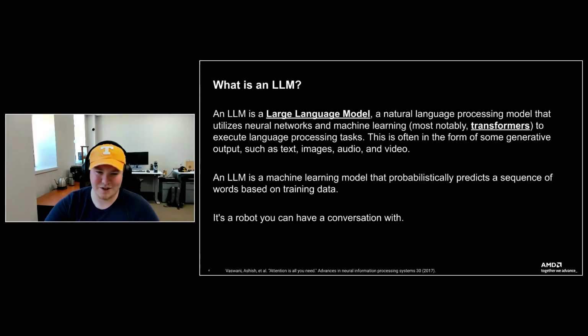It's the latest iteration that's using neural networks, machine learning, and, as we'll get into, a type of model called the transformer model to do language processing tasks. This is usually in the form of some type of generative output. So text in, text out, but it's also broad enough to cover things such as images, audio, even video these days, which is really exciting.